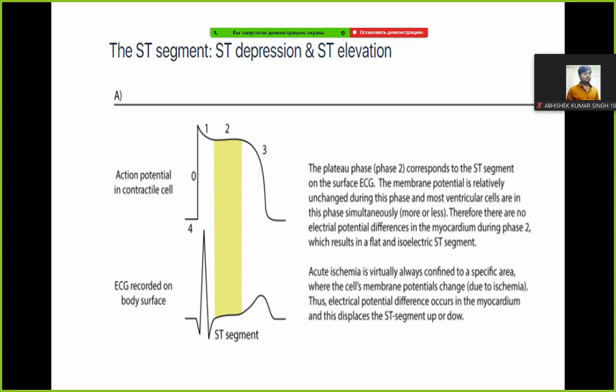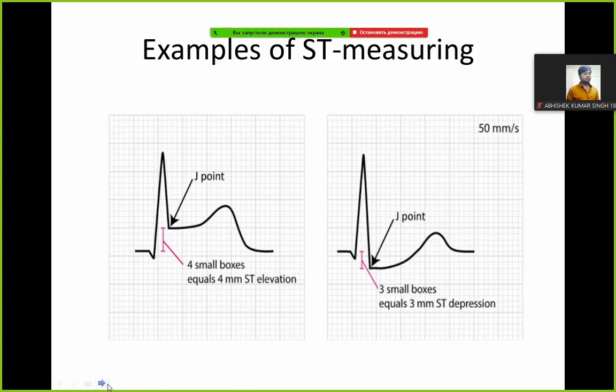Displacement of the ST segment is of fundamental importance, particularly in acute myocardial ischemia, because myocardial ischemia affects a limited area and disturbs the cell's membrane potential.